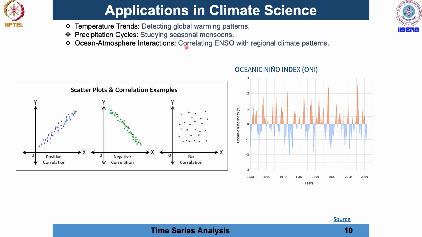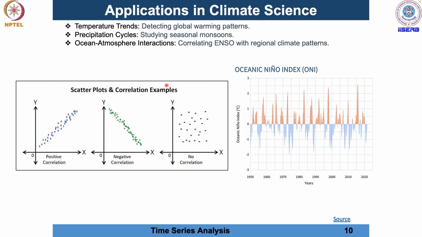You can also look at the precipitation cycle, studying seasonal monsoonal behavior, or what kind of stressors are influencing the seasonal monsoon amount because of changing patterns. That can also be done by creating a correlation data set. Or maybe you can look at ENSO events. What is the ENSO effect on extreme precipitation?